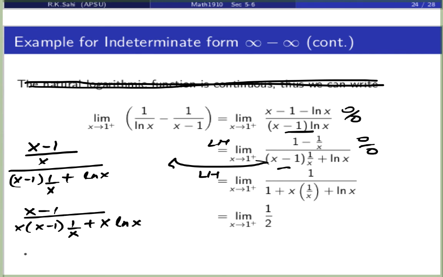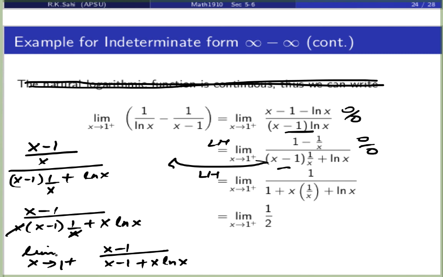Now, what we're going to do is limit as x tends to 1 positive, which is going to be x minus 1 over, now remember this cancels out, x minus 1 plus x times natural log of x. Yeah, I missed this step and I can see why, so we have to go this route.